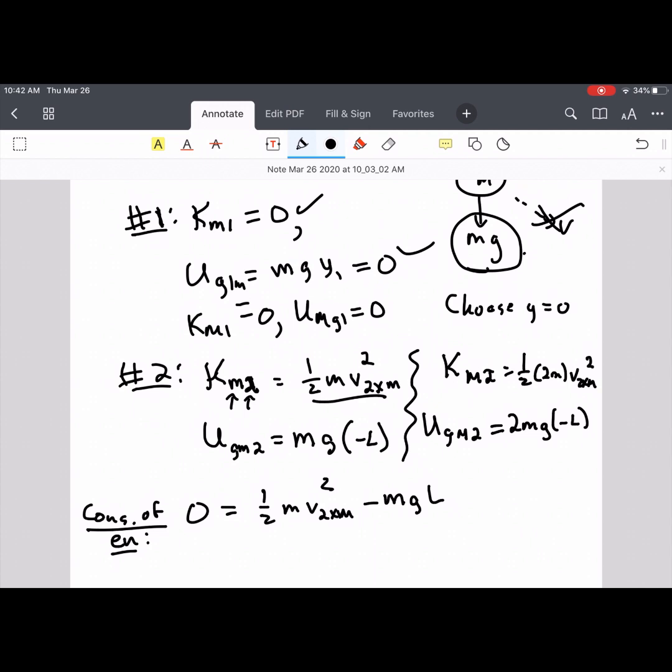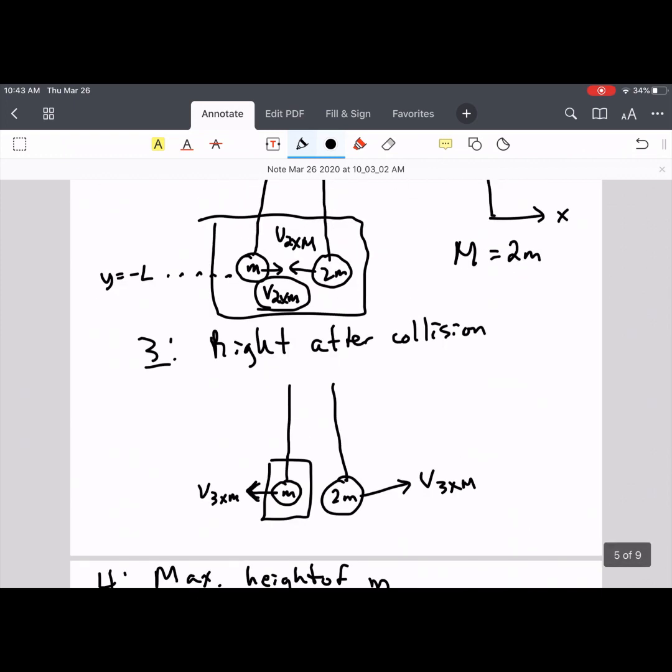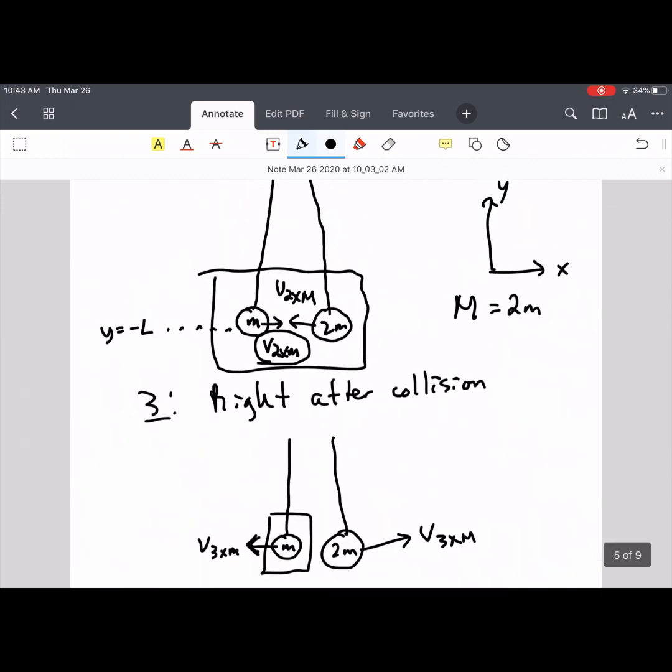and that's equal to 0. The m's cancel, and we can solve that the velocity in the x direction is just the square root of 2gL, as we've seen quite a few times at this point. Notice this is the positive square root because mass little m is moving to the right initially.